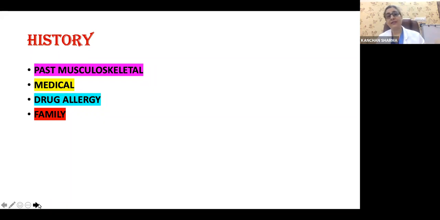Medical history, specifically the diabetes and the hypothyroidism, these are very important because they are the reason for the adhesive capsulitis. It has been seen that adhesive capsulitis is more common in the diabetics and the patients who are hypothyroid. So do ask about these two histories, and if you ask me what exactly is the reason, the pathogenesis is not clear about it.